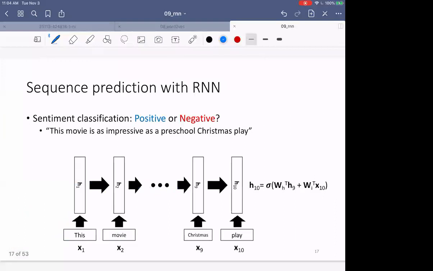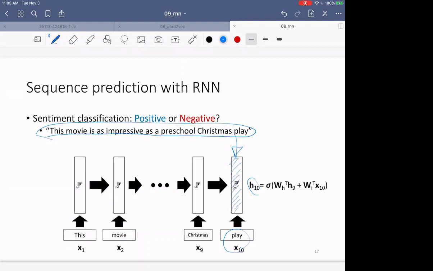And then you repeat this until you put the last word here, which is play, and then you get H10, which is now a complete representation of the complete sentence. So all this is accumulated and contained in this single vector.